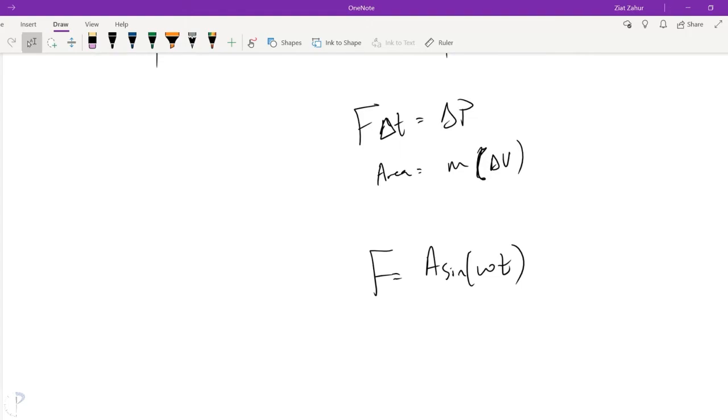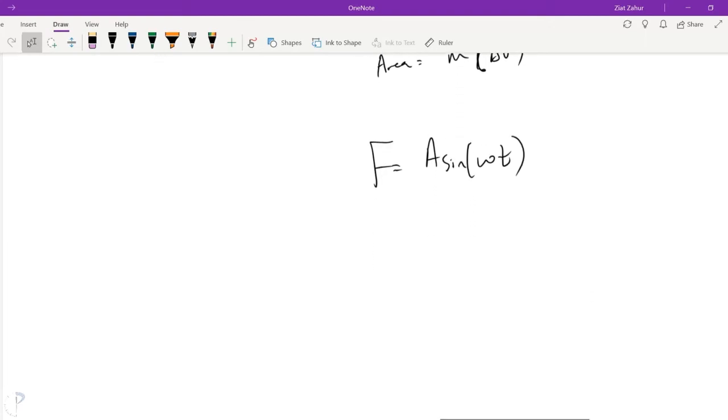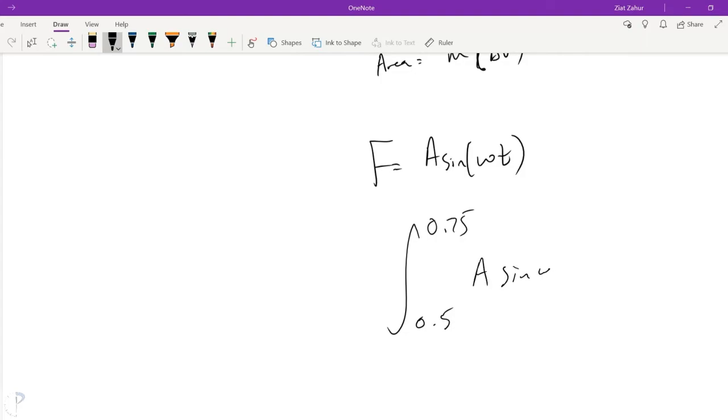Using the given equations, show that the area under the graph is, oh, now you gotta integrate? Oh, come on. Really? Integral from 0.5 to 0.75. Yeah, it is technically easy, it's sine. A sine omega t dt.